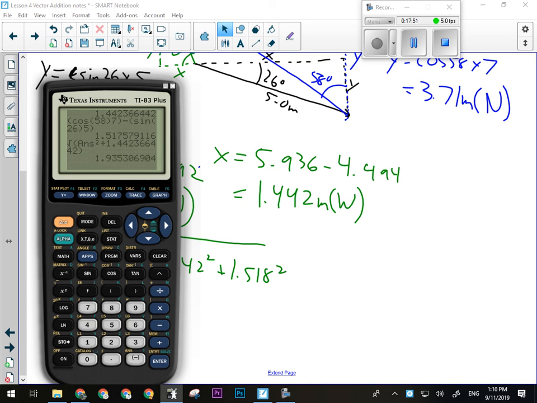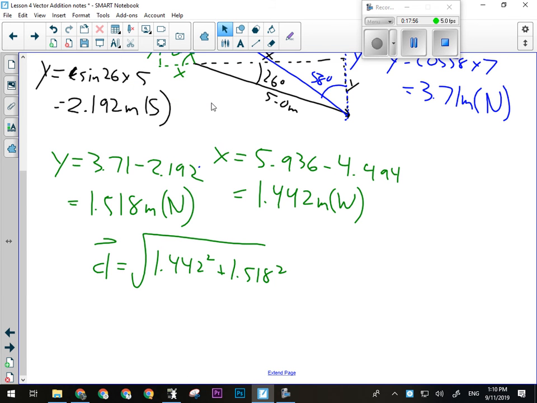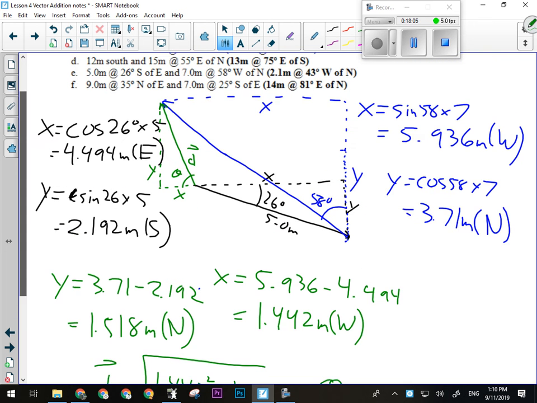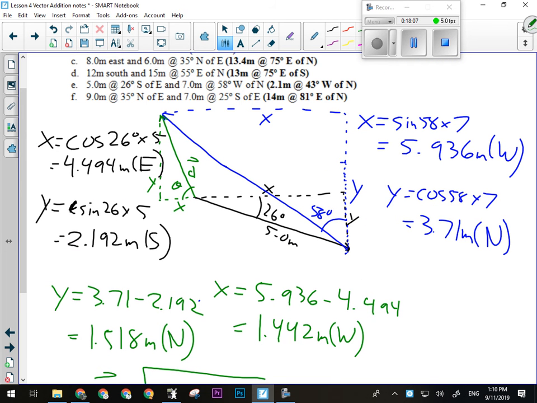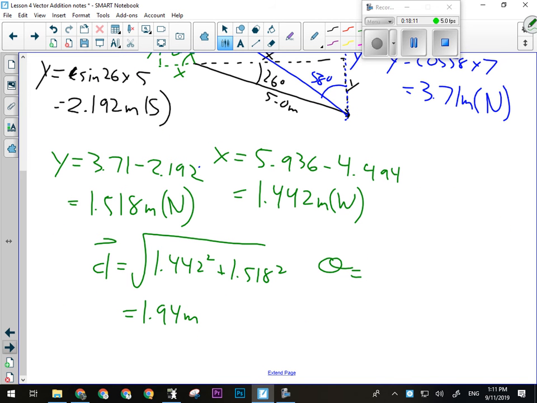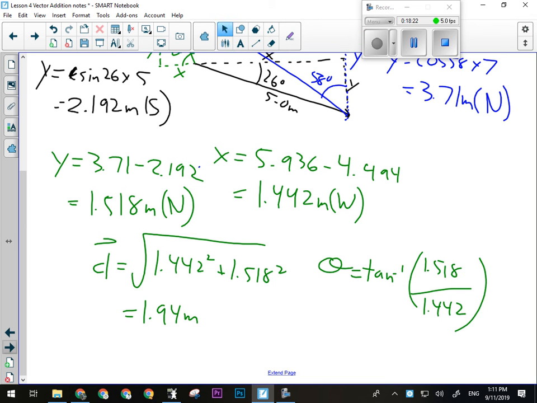All right, so my resultant is 1.94 meters. And then to find the angle, the way I drew the triangle, y is my opposite side and x is my adjacent side. So I'll have tan to the minus 1 of 1.518 divided by 1.442, and that will get me my angle.